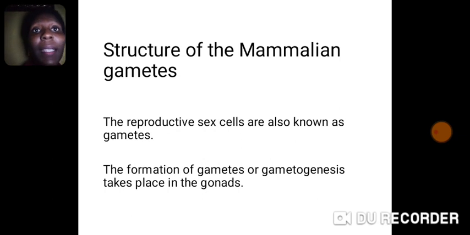The gonad of the human male is the testis, the testicles, while that of the female is the ovaries. We have two, so ovaries.